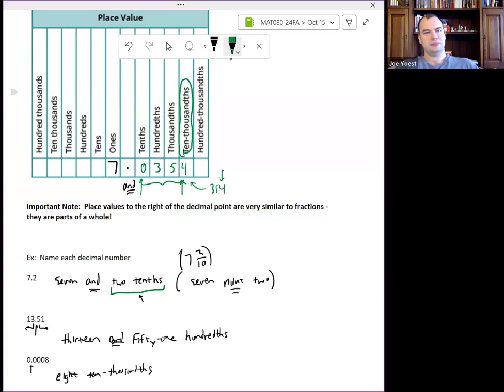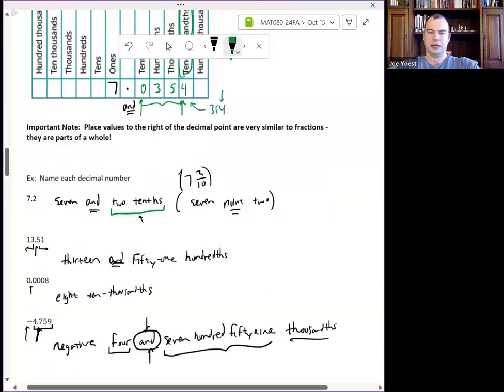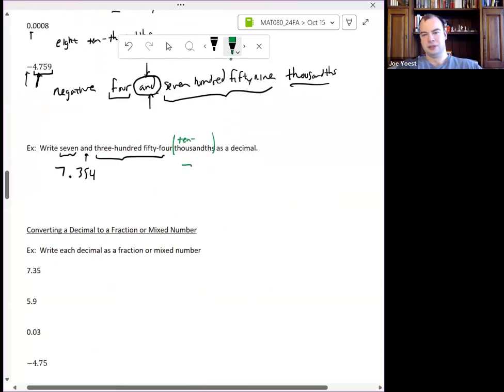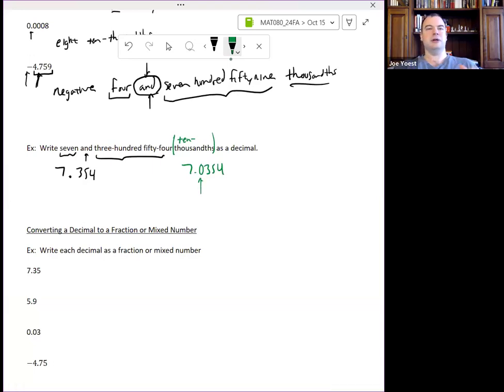And then I make everything else work out right. So this is going to be 7.0354. This 0 gets stuck in there as kind of a buffer to make sure that that 4 ends up in the 10,000ths place. So you got to be a little bit careful. It's not always just, point, and then I see a 354 here. It's not just always 0.354. It does depend both on the number and on the place that's given.